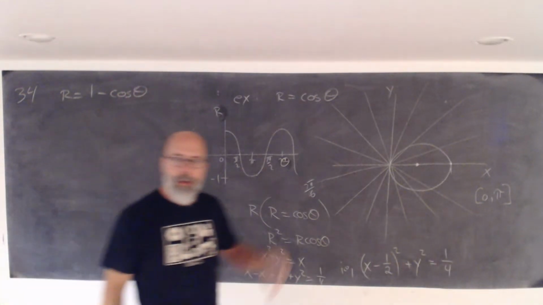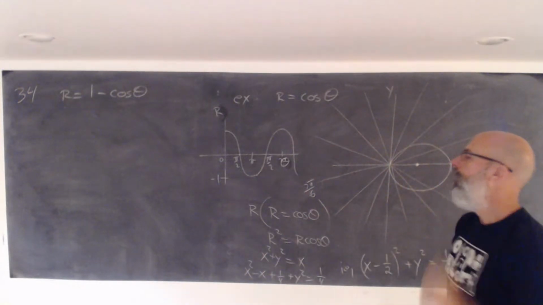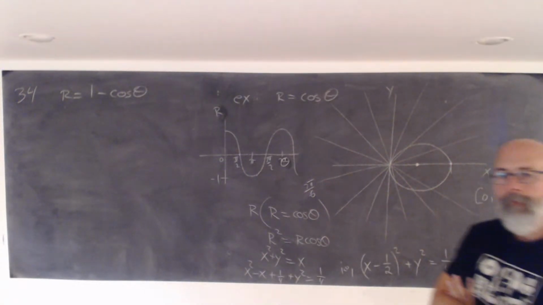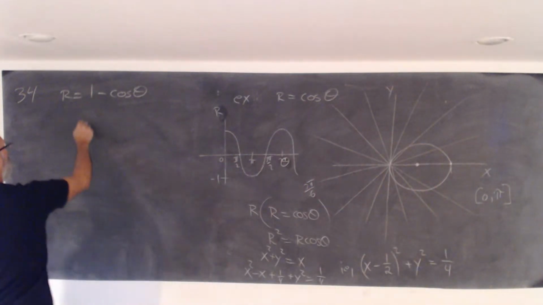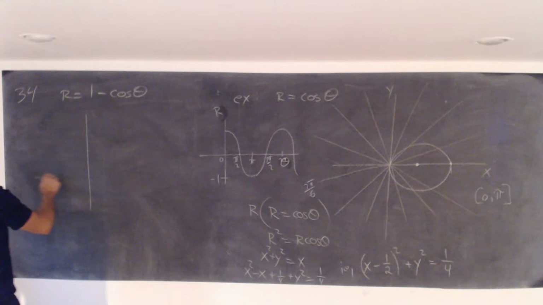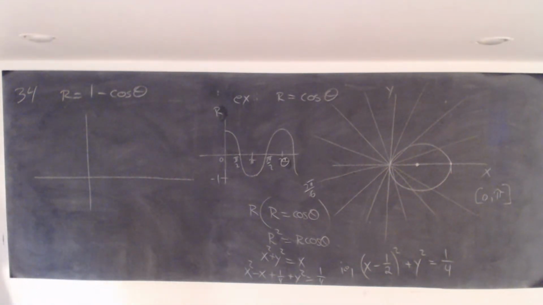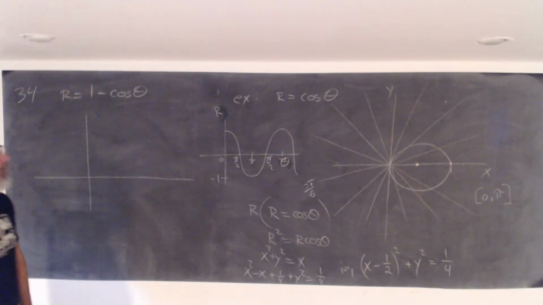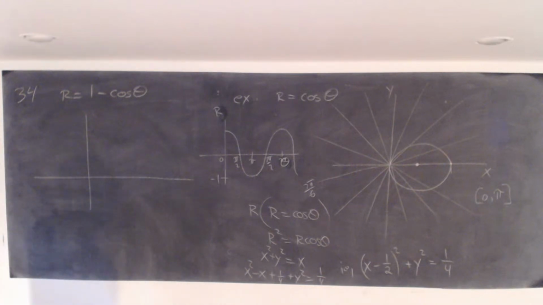Let's look at a few more curves. And I've got the r equals cosine curve right here, so let's make use of that.